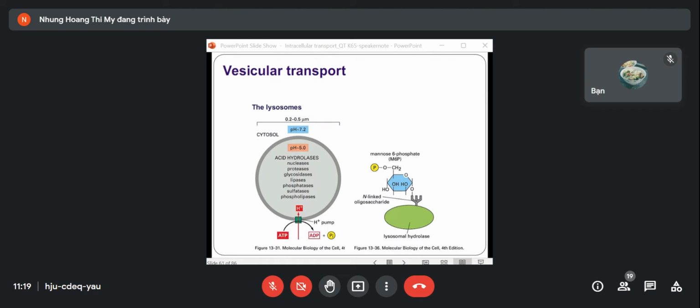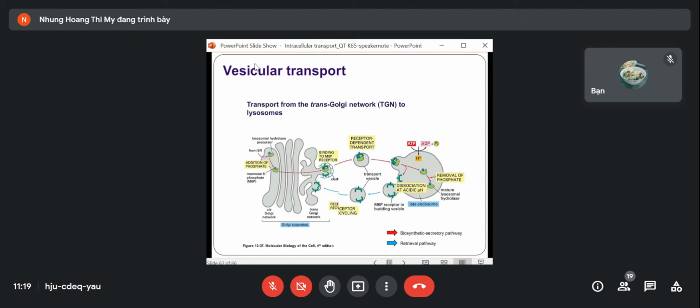So how is the hydrolase enzyme modified and transported to the lysosome? Okay, so this schema illustrates the way the hydrolase is transported from the Golgi to the endosome, and during this they also undergo some modification.